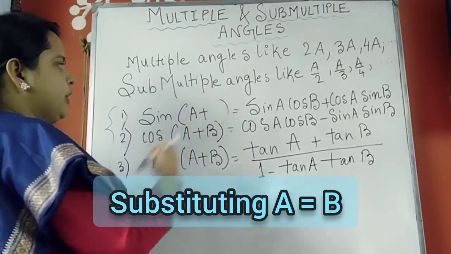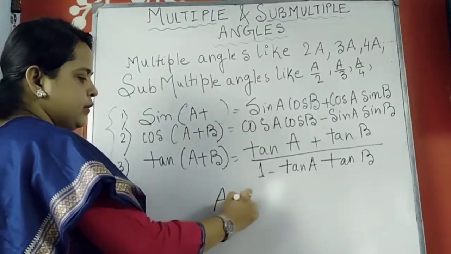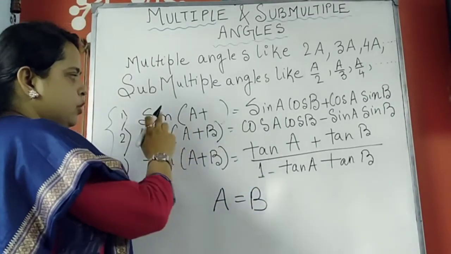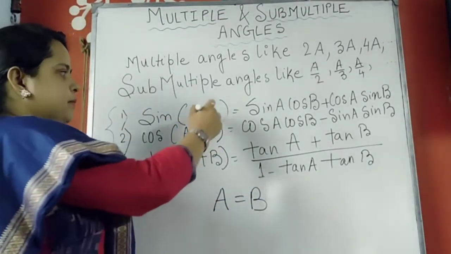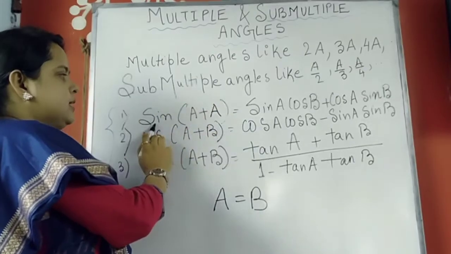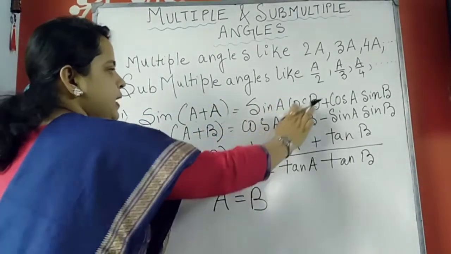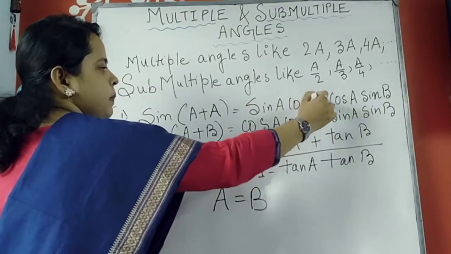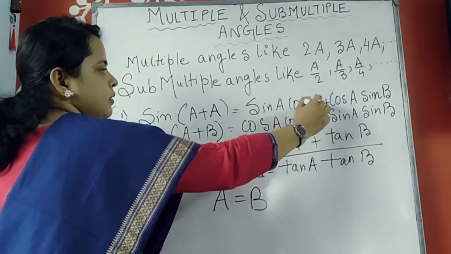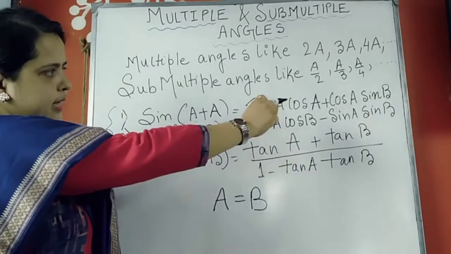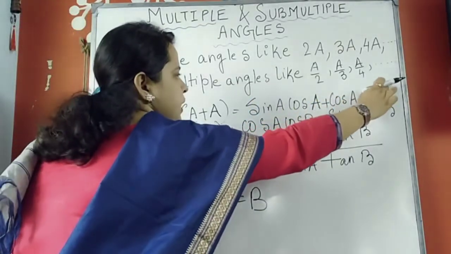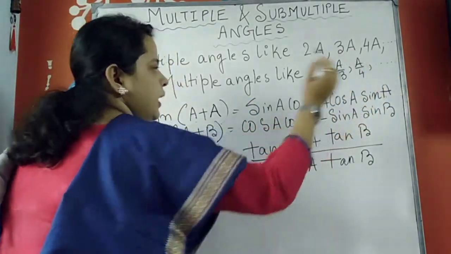If you substitute B equals A, all the B angles are now going to become A only.